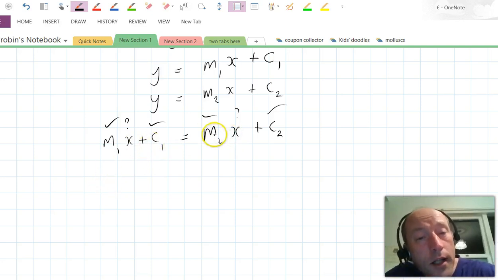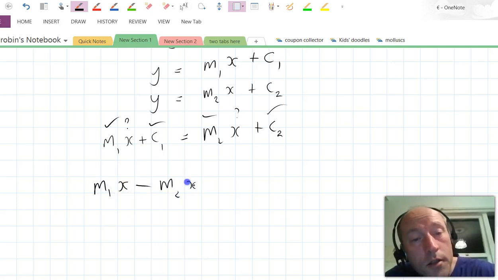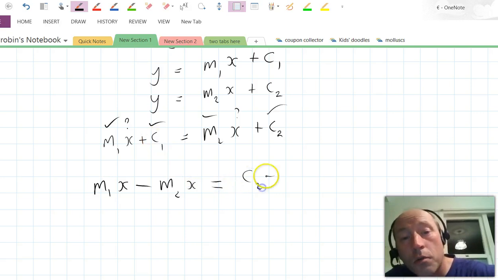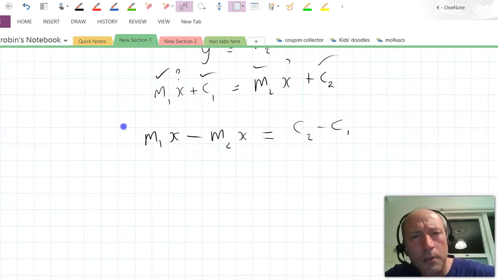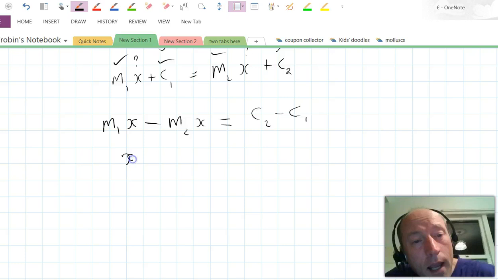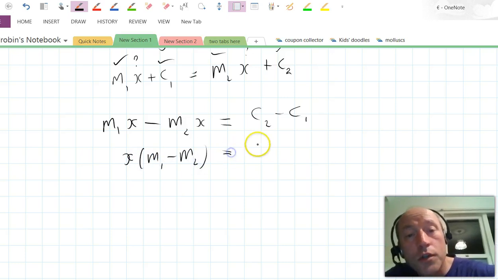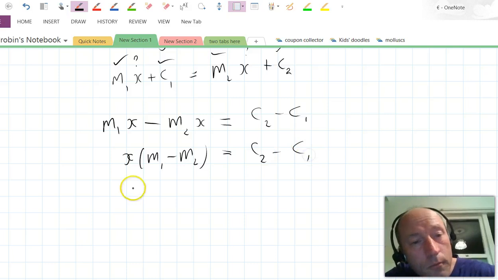So what I'm going to do is take that m2 over the other side. We've got m1x minus m2x equals, and I'm going to take that c1 over the other side as well, so it's c2 minus c1. So that's x times (m1 minus m2) equals c2 minus c1.